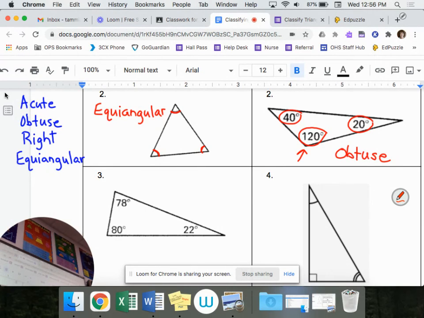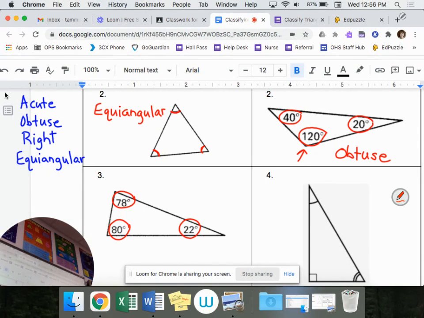Okay, now number 3, we've got 78 degrees, 80 degrees, and 22 degrees. Well, they're not all the same, clearly, so we can't pick equiangular. We don't have a right angle, so we can rule out right angle. So we have to decide, is this acute or obtuse?